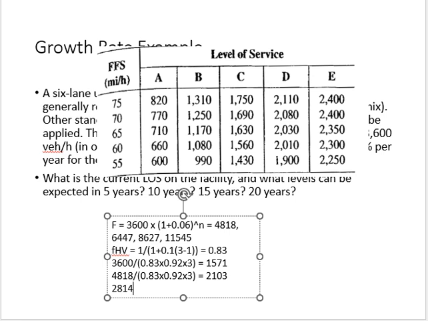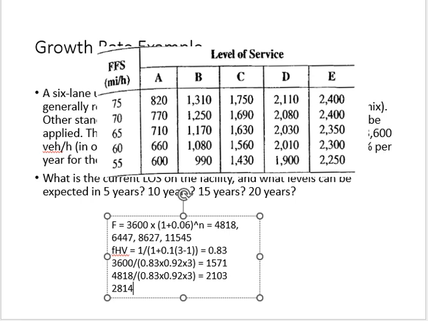Do I still have D? No, I've crossed D, right? I've crossed E, right? So my level of service is F. Clear? And after that the value is increasing, so it will still remain F.